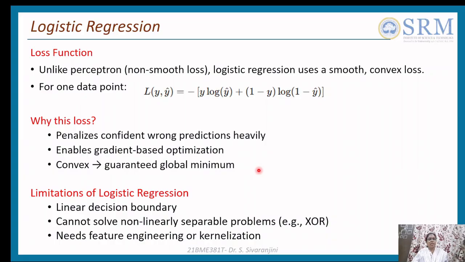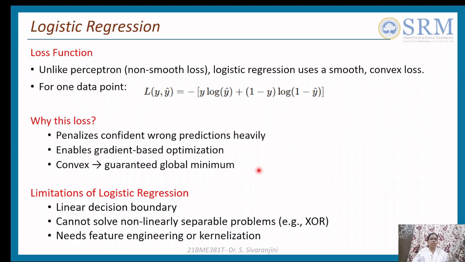So this enables larger gradient-based optimization. What is this gradient-based optimization? Being differentiable everywhere means we can compute the gradient, the updates in the weights, through gradient descent algorithms.